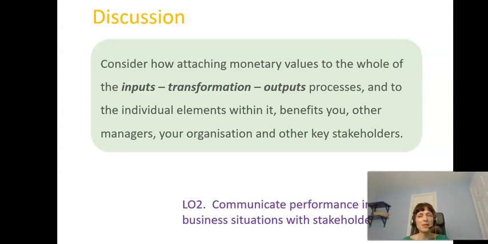So what we need to consider here is the transformation process for your organisation. So what's going into it? Think about your particular one. What actually happens in terms of changing it into something else? If it's a high-tech business producing some sort of hardware, there may be some very specific elements that are bought in.